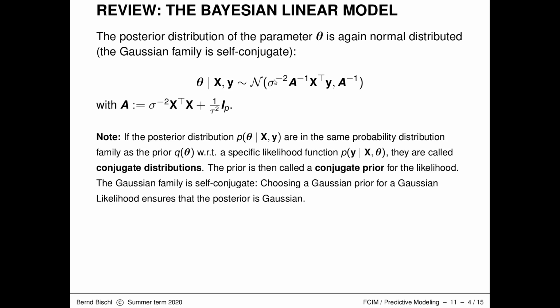That here comes from my error distribution. This here is simply my design matrix. This is my outcome vector, and the matrix A is simply defined as X transpose X divided by sigma squared plus an identity matrix divided by tau squared. So if you have seen how the estimation formulas look like for the ridge regression model, you should be reminded of that structure pretty directly.